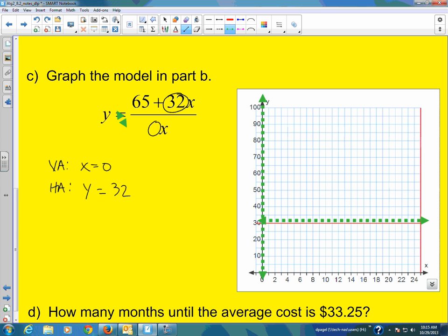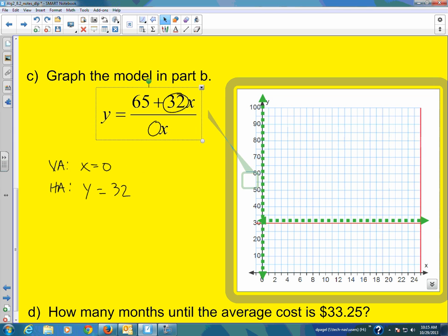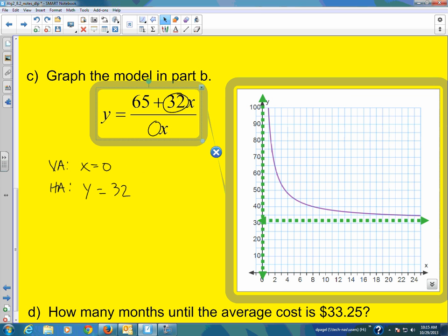And if I were to graph this thing, I would get that. Plugging in some x values, I'm going to plug in 1 and maybe 15 or something, a couple points. I know it's a branch, so it's going to have this sweep look to it.